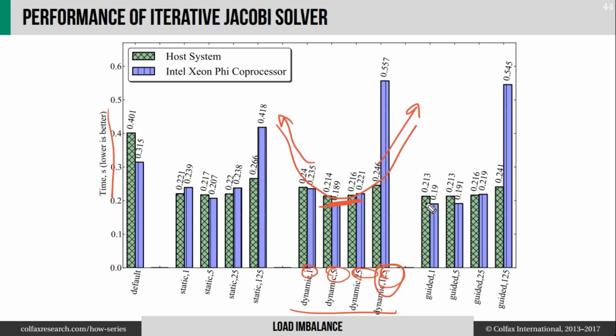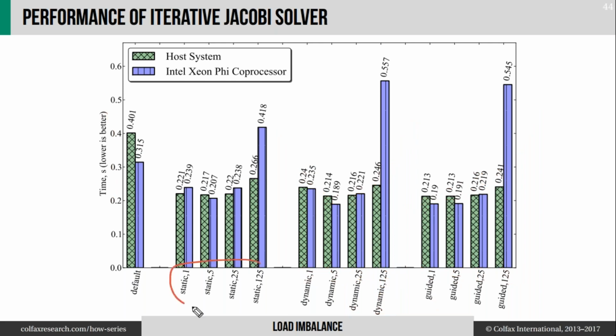The other trend that you can see is this one. This is different chunk sizes for the guided mode. The guided mode also has the problem that towards large chunk sizes, you have poor load balance. But for small chunk sizes, the nature of the guided mode reduces the overhead, and you basically have more room for error when you're estimating the optimal chunk size.